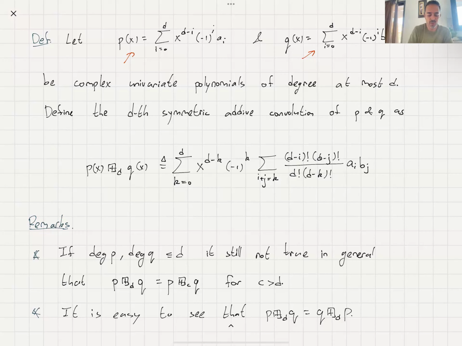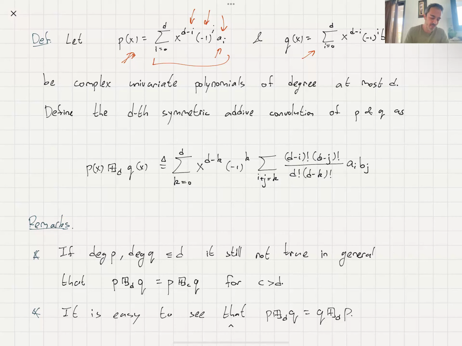Namely, given the polynomial p of x, the coefficients are going to be the a_i's, but a_0 is actually the coefficient of x to the d. So let's write p of x as the sum for i from 0 to d, where the coefficient of x to the d minus i is a_i, with a sign of minus 1 to the i. So it's reversed. You'll see why it's more natural; in this setting it's kind of annoying to work with initially, but it's more natural later.